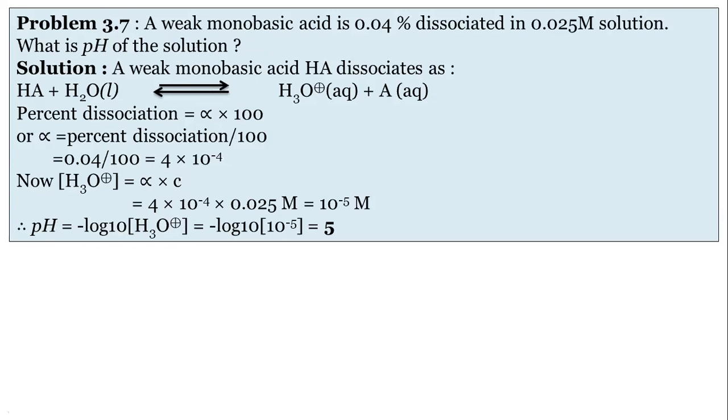Means for a 3 marks numerical, we have to remember the formula also, we have to write the expression also, we have to put the values, and we have to calculate the answer. So this is the 3 marks numerical, and for a 2 marks numerical we only have to put the values and calculate.